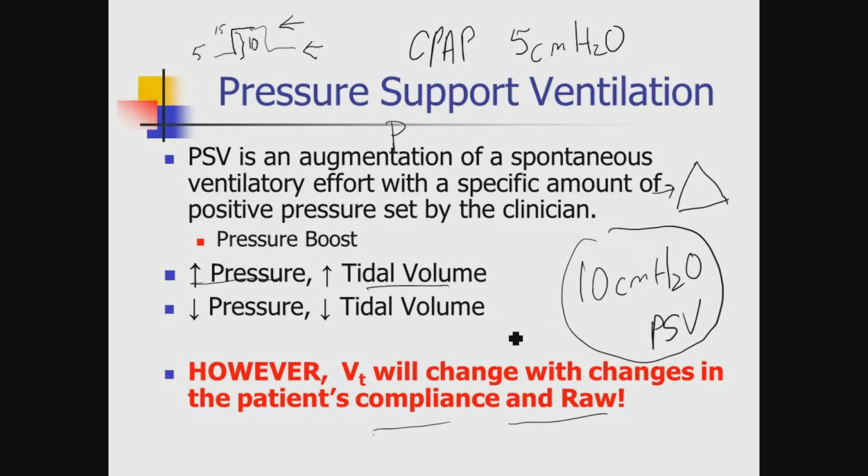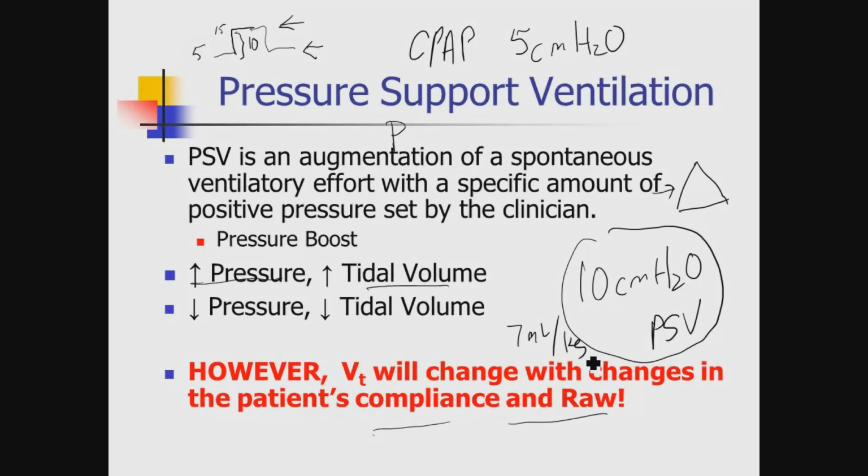I see her tidal volume come back as 7 milliliters per kilogram ideal body weight. Everything's cool. Two hours later, she goes into bronchospasm. Her airway resistance now goes up. What's going to happen to the volume being generated by her? It's going to go down. It's going to change. The volume is not guaranteed.